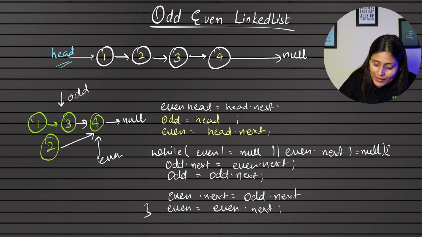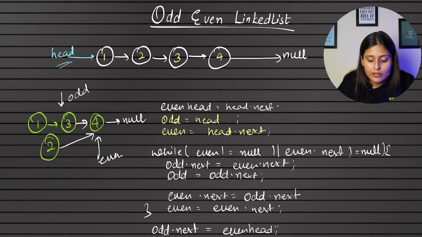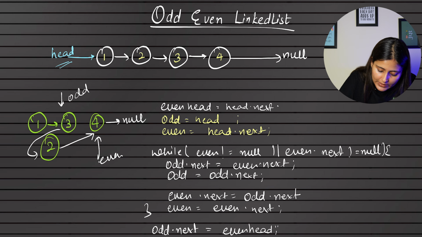So after coming out of this, you have to write odd, which is 3, dot next. Please connect yourself to even head, and that's it. And now you can return the head, because now head is 1, correct, and now 3 has been connected to where? 2. So if you see this, it's now 1, 3, 2, 4 and null.